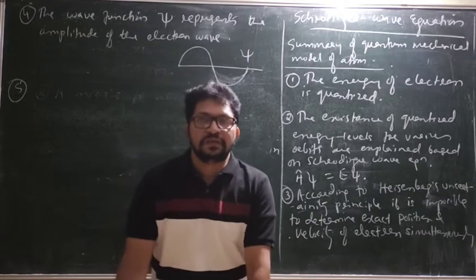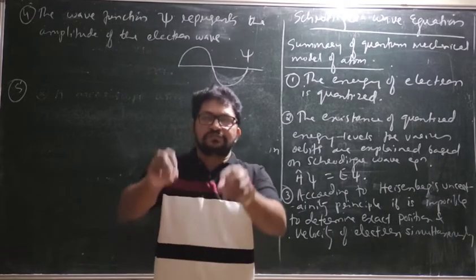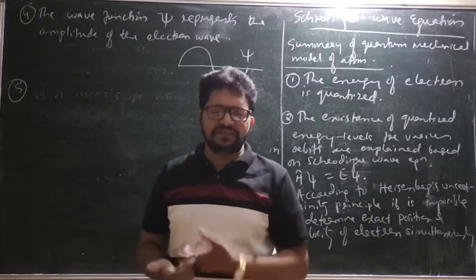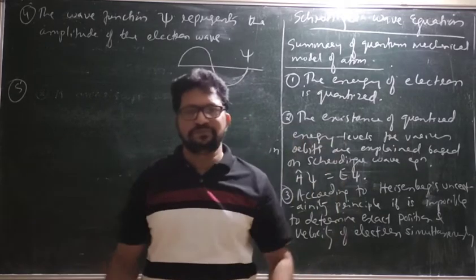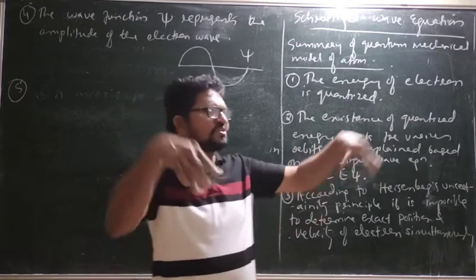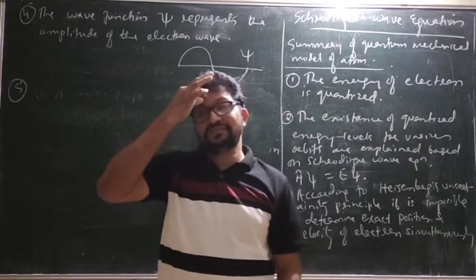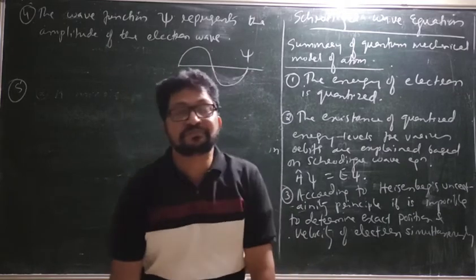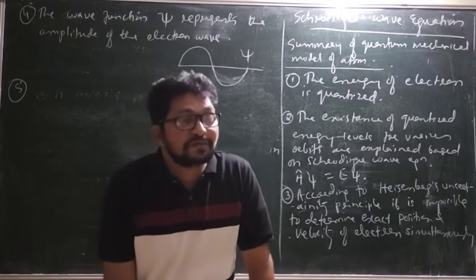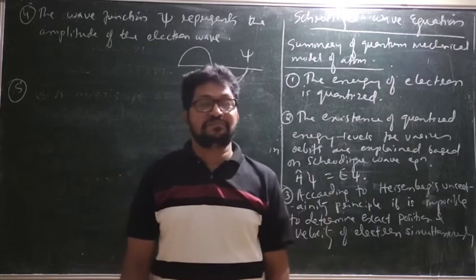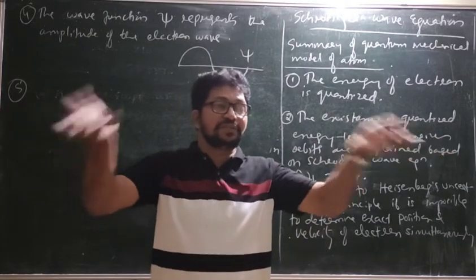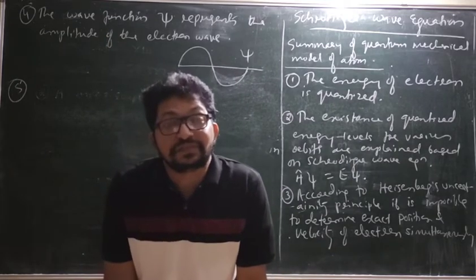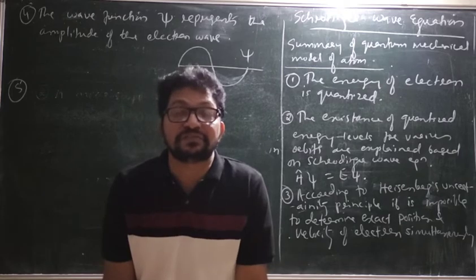Suppose I move in the room at some 1,000 kilometer speed. Wherever you see, I will be found, is it not? Then my amplitude remains as psi, but my probability increases, because wherever you see, I am there. So that is what happens for an electron.